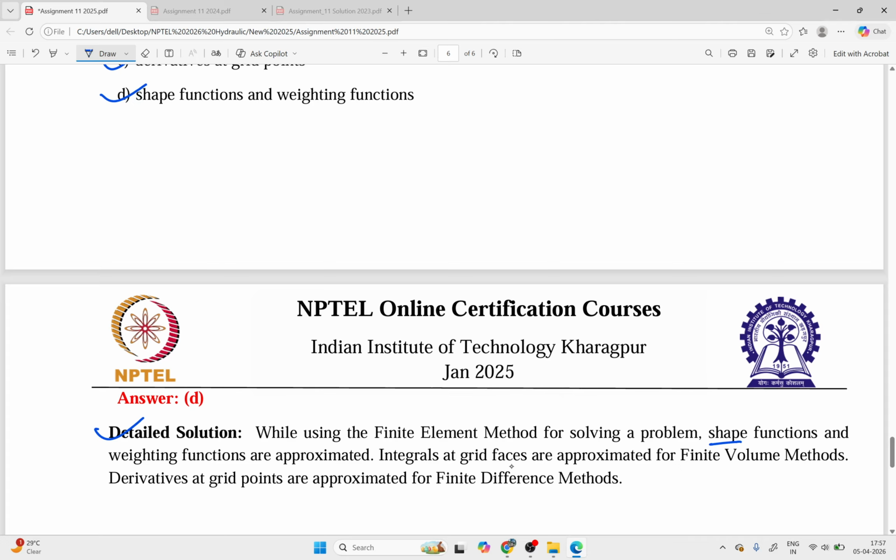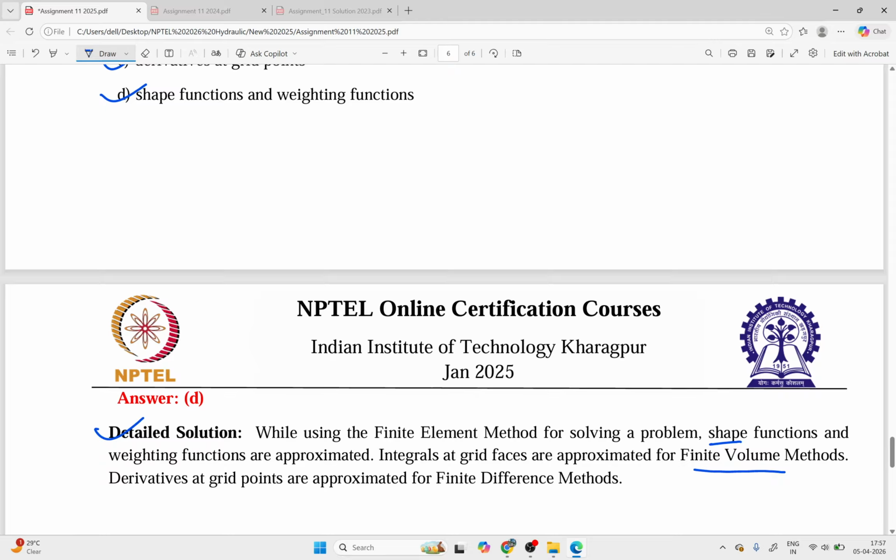Integrals at grid face are approximated for finite volume method. Remember, please, what I was discussing. You have finite element method, finite volume method. Here for finite element method, your shape function and weighting function are approximated. This is very fundamental.